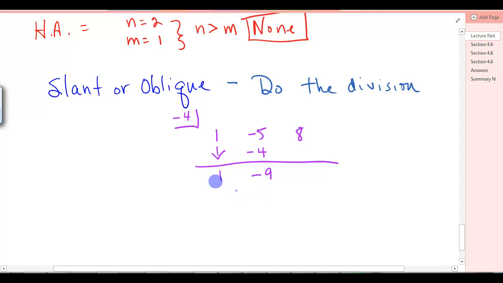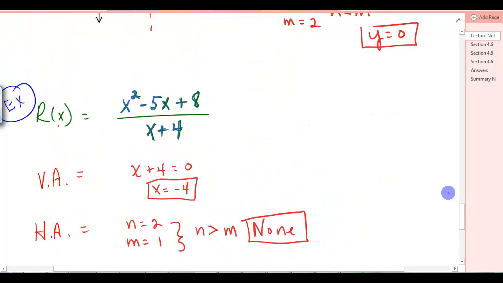You're just worried about this because this comes out to be x minus 9. And so our slant asymptote is that line. It's a slanted line. So if we were going to do this in the calculator, you would put this in divided by this. You know that you have a vertical asymptote at -4.